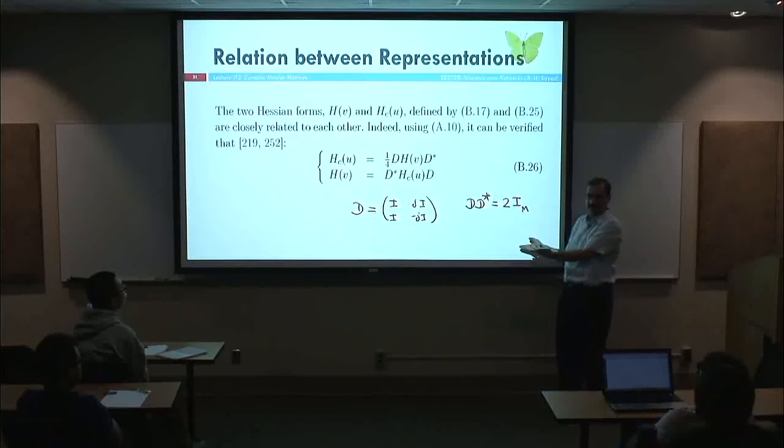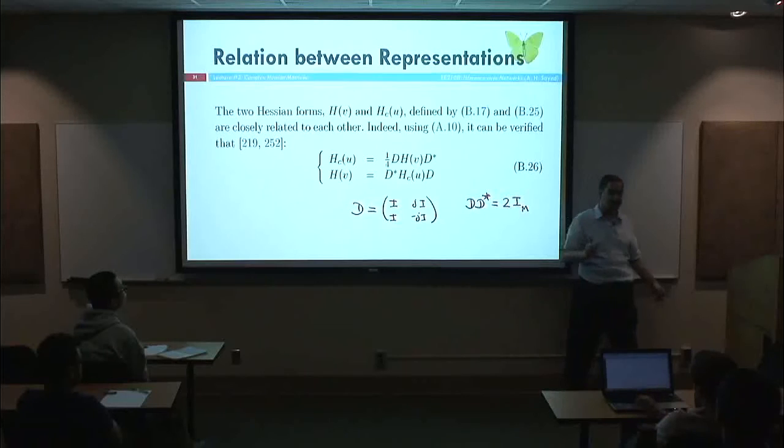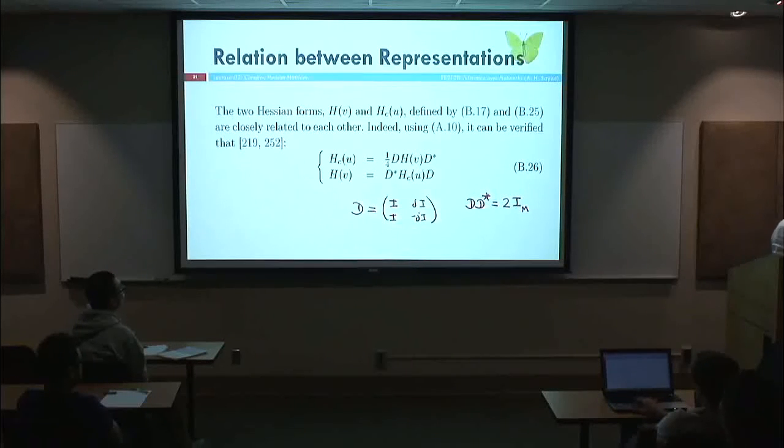D star D equals I. It would be a unitary matrix, right? If I did not have the 2. What would be the inverse of D? D star, the inverse of D star D. But I have a 2, right? If I have a 2, for example, you can see here that D star is 2 D inverse. It's almost D inverse, but not quite, right?